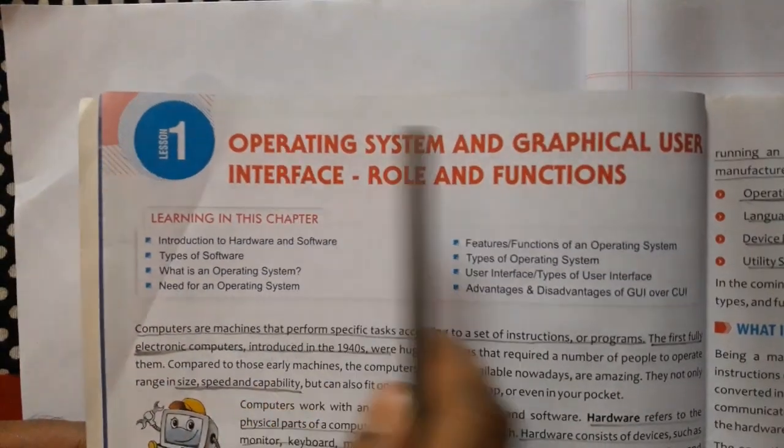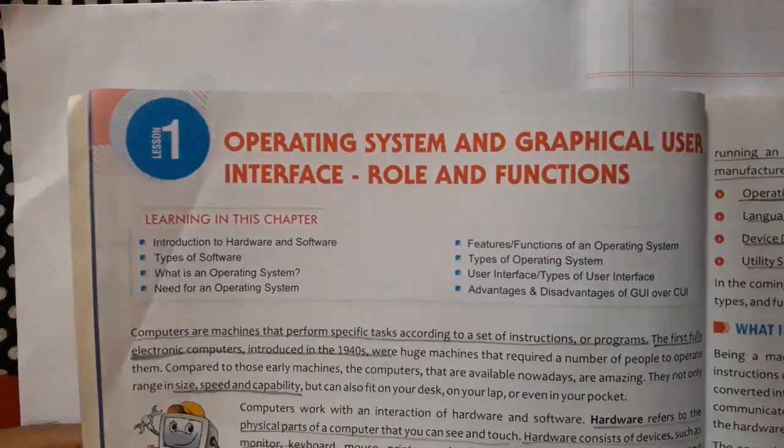It is in computer, and today we are going to learn about operating system and graphical user interface, role and function. So let's see, it is the very first chapter you can see in your book, operating system, graphical user interface, role and function.